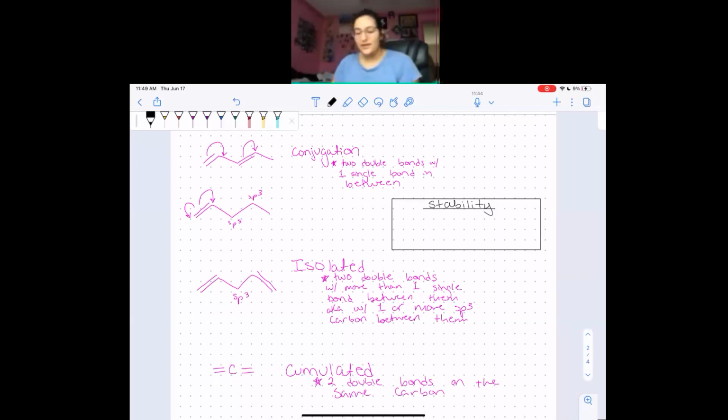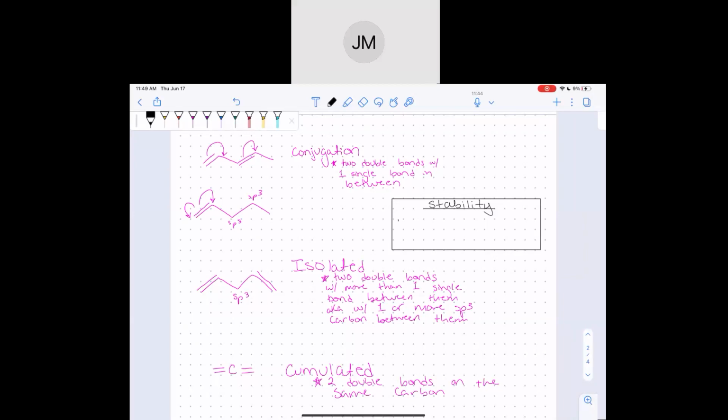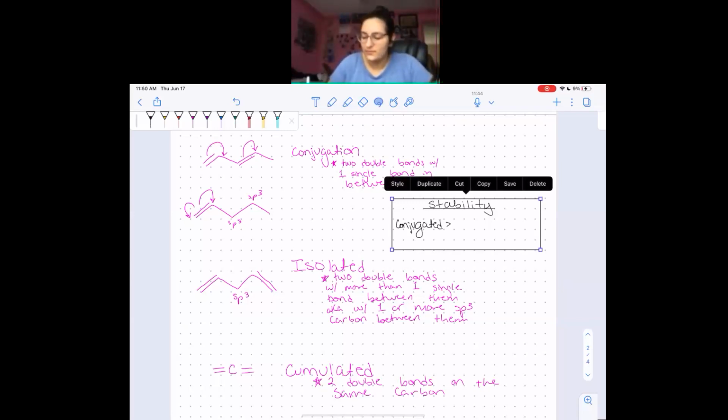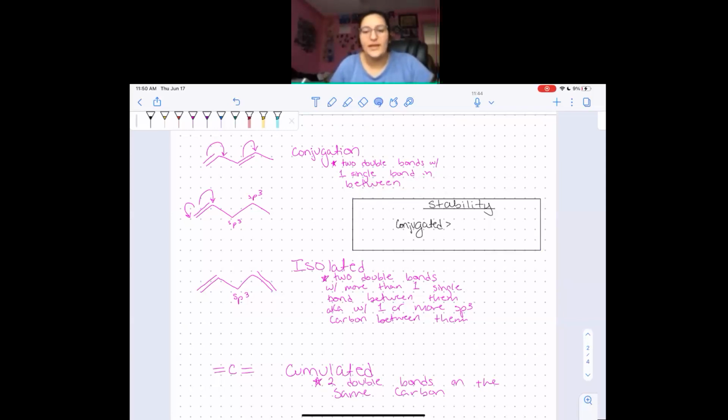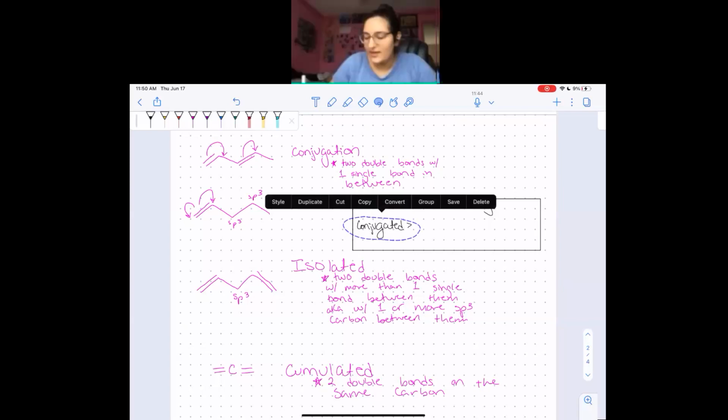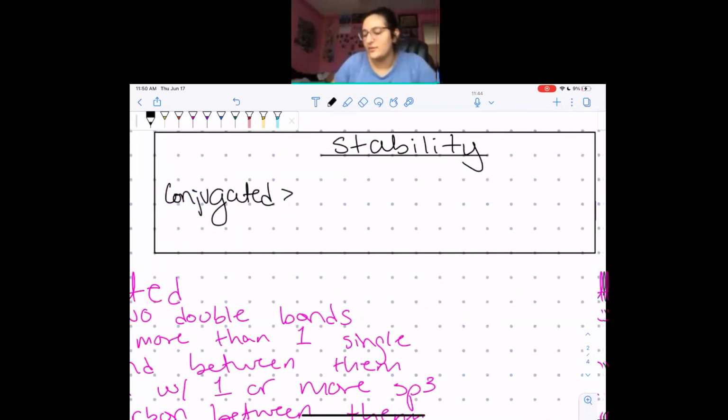Conjugated. Yep. And then just by looking at these three, which one do you think will be the least stable? Cumulated. Yeah, cumulated, or the last one. Because it's just kind of ugly, right? And we don't want ugly molecules.